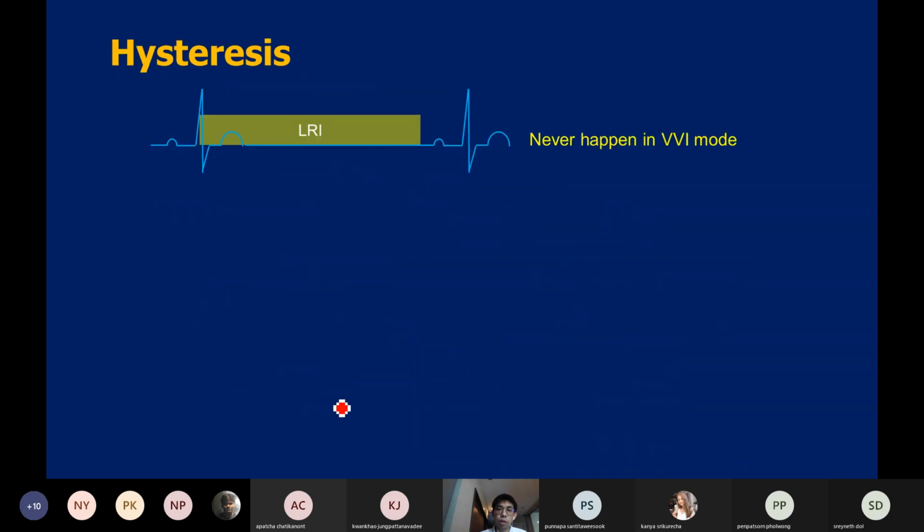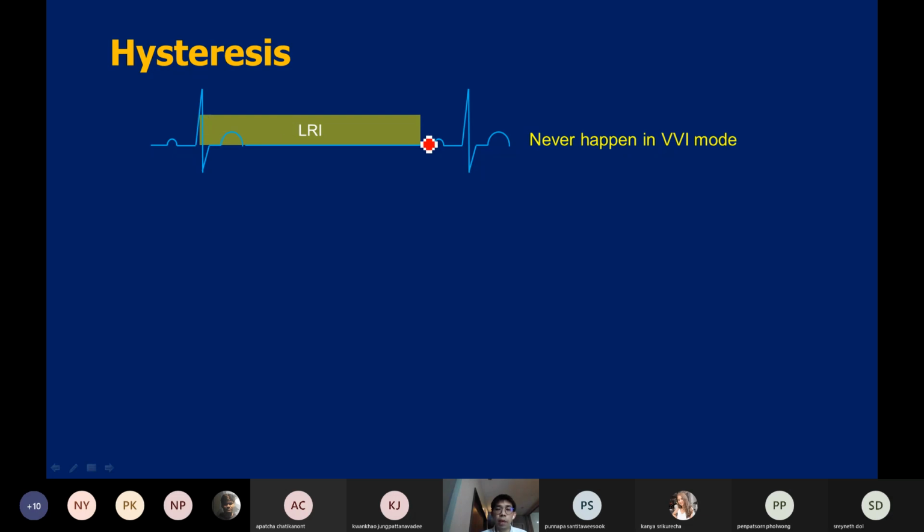Okay, so this is another term that you have to understand, which I will describe in this section with the lower rate limit. This is a pacemaker that will set the lower rate limit in the yellow box.